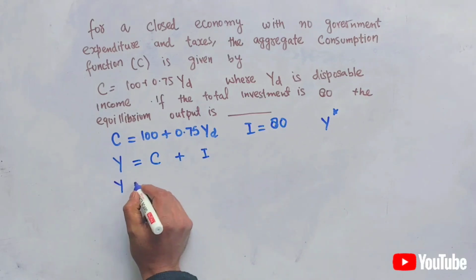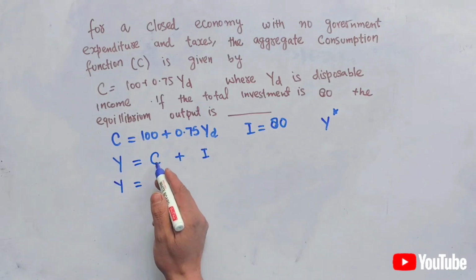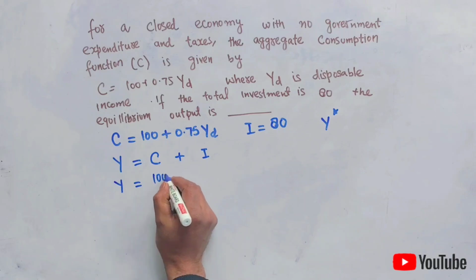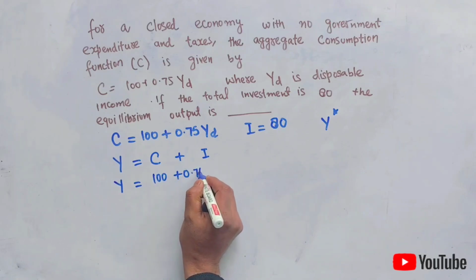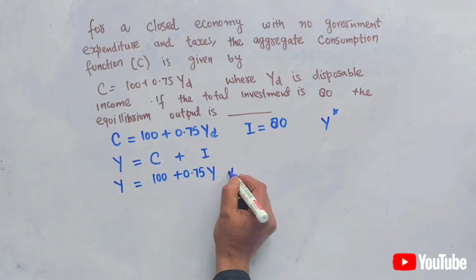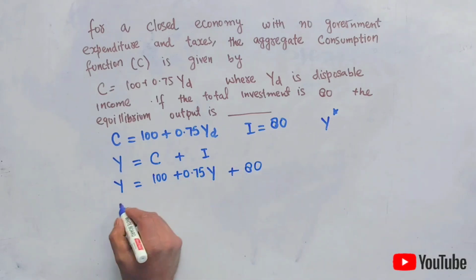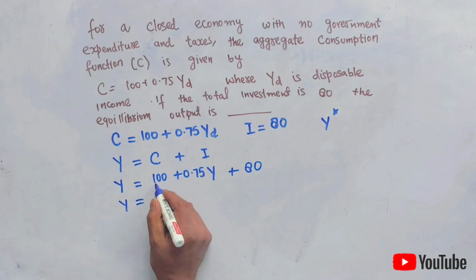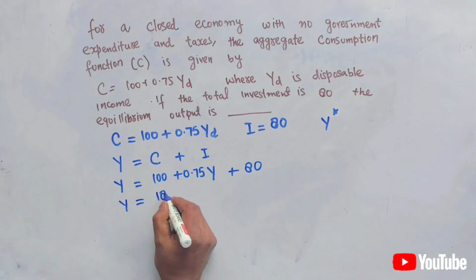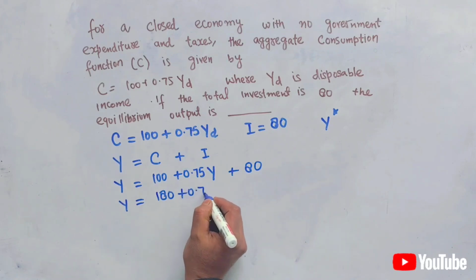That means Y will be equal to, income will be equal to, consumption expenditure is 100 plus 0.75 Y plus investment is being given as 80. So we get here Y is equal to 100 plus 80 is 180 plus 0.75 Y.